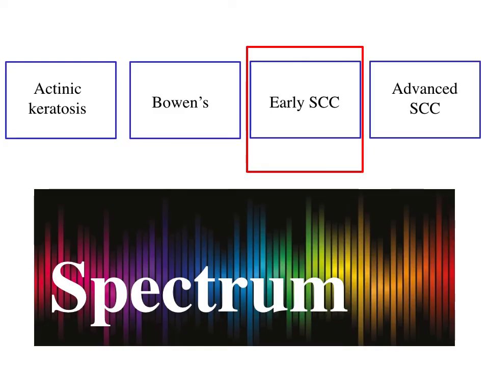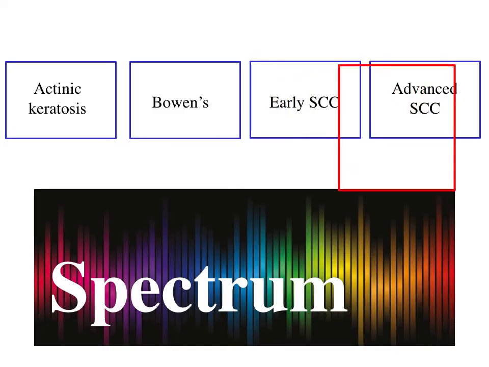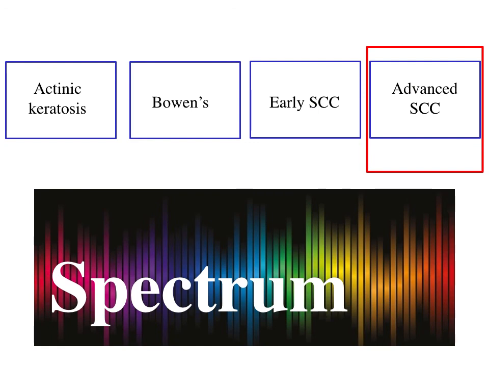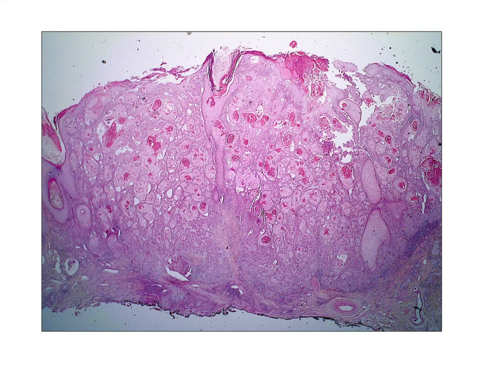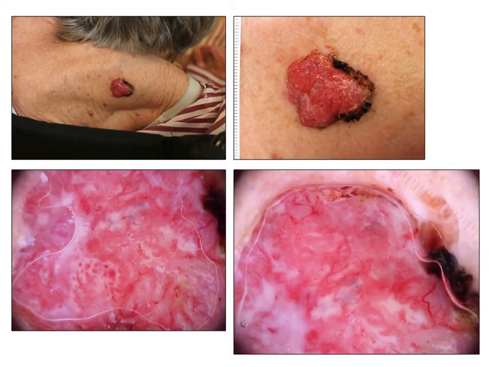Then we will deal with advanced squamous cell carcinoma, and in that case, you will admit that dermoscopy is not of big help. The tumor is thick, and in fact, the image we will observe is non-specific.